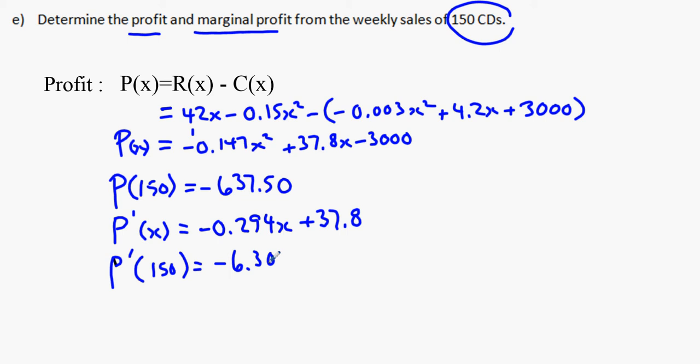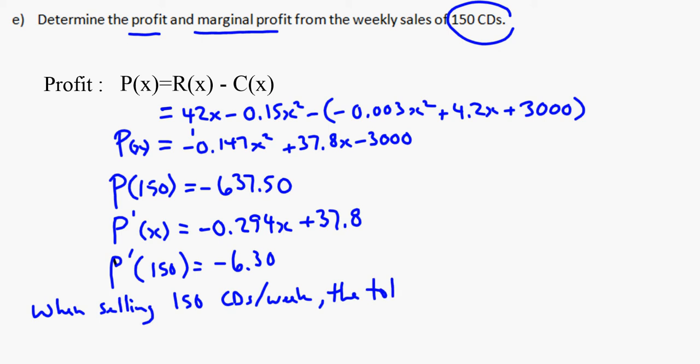All right. So what does this mean? This means when selling 150 CDs per week, the total profit was negative $637.50, which means, of course, they were in the red.